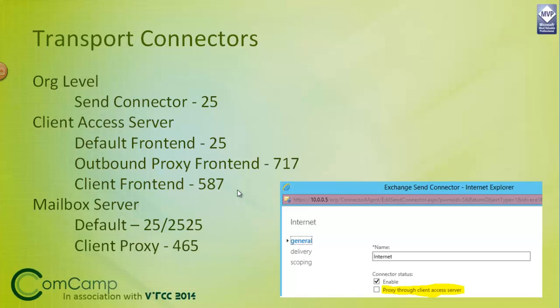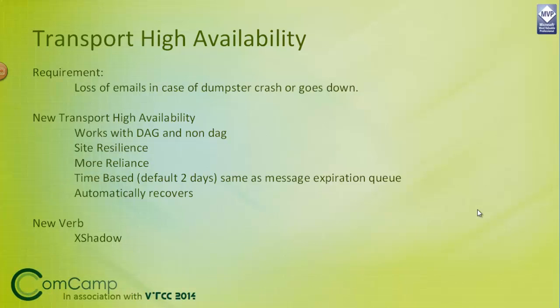All right, let's move on to the next slide. So the next slide is transport high availability. The transport dumpster. So we'll talk about why we need transport high availability, because we already had the transport dumpster in the previous versions of Exchange.